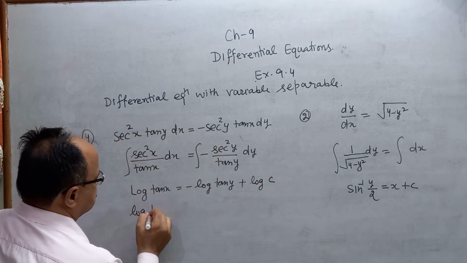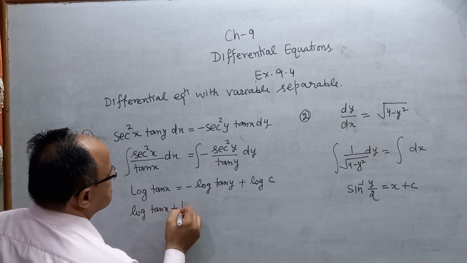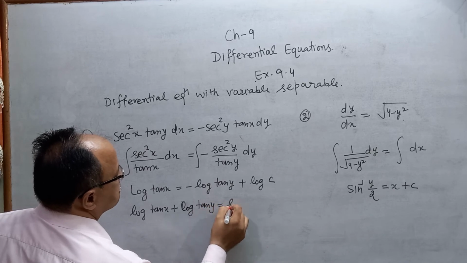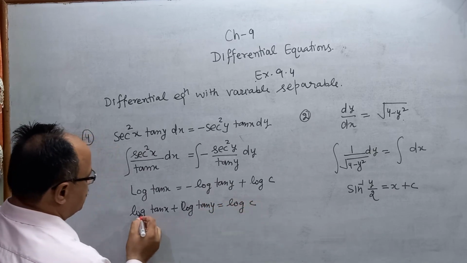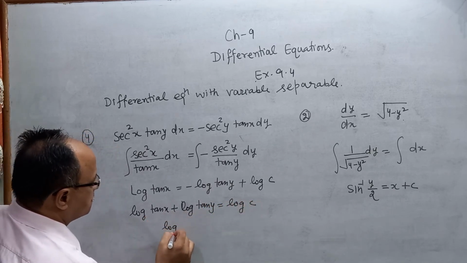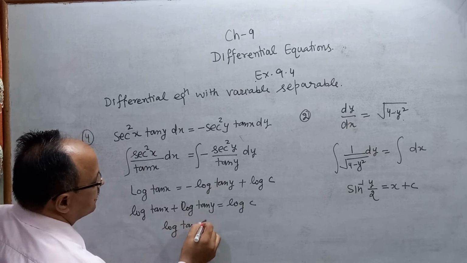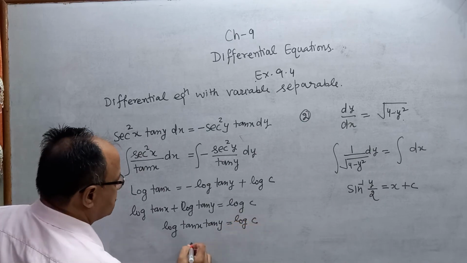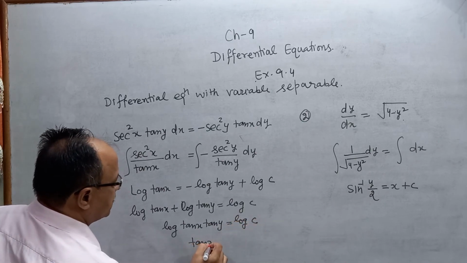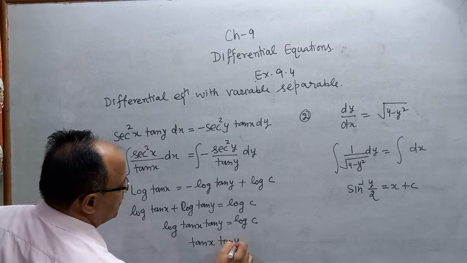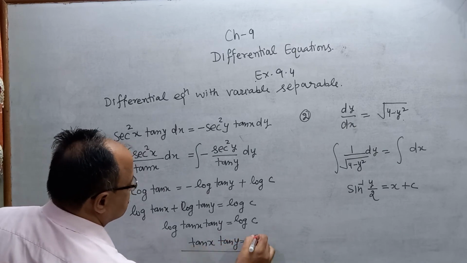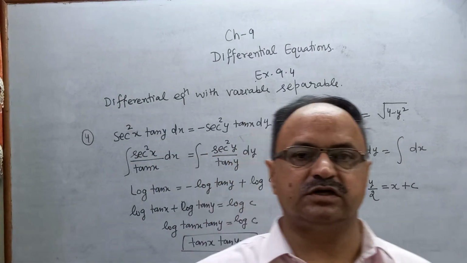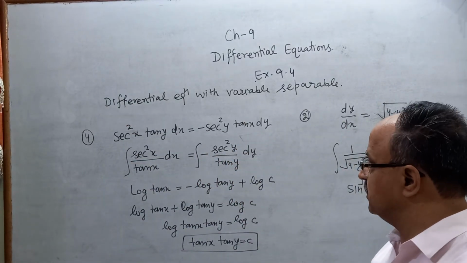Log tan x plus log tan y is equal to log c. You know that log m plus log n is log mn, so log of tan x tan y is log c. On comparing, log cancels: tan x tan y is equal to c. This is the solution of question number 4. Here you can check.